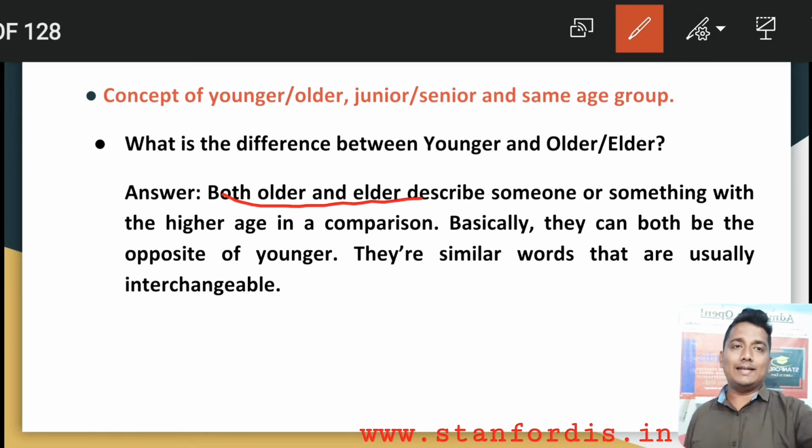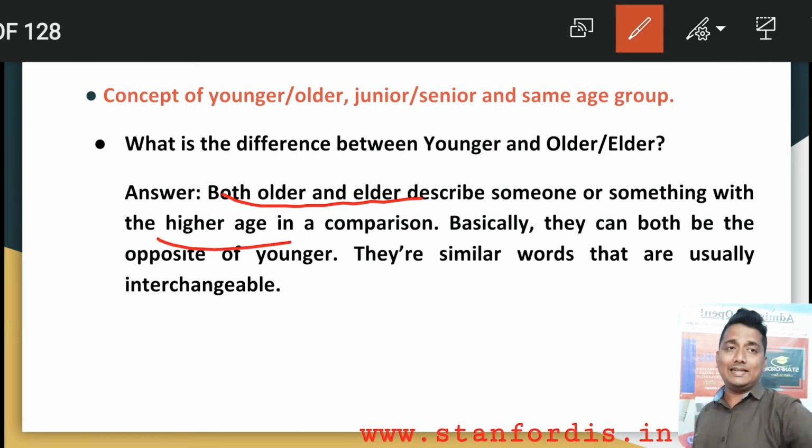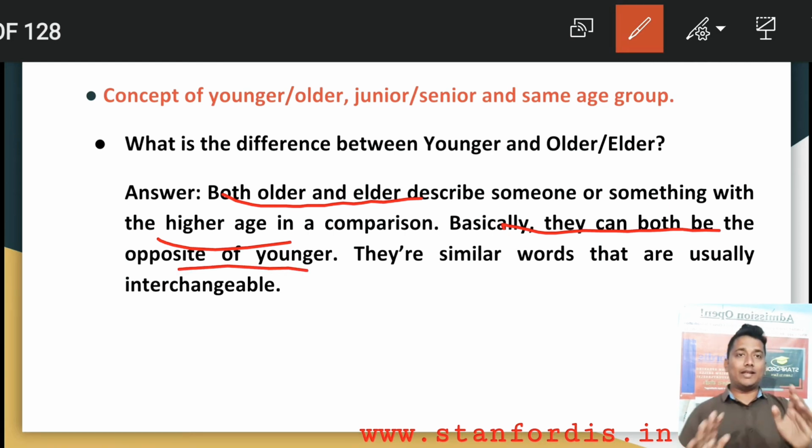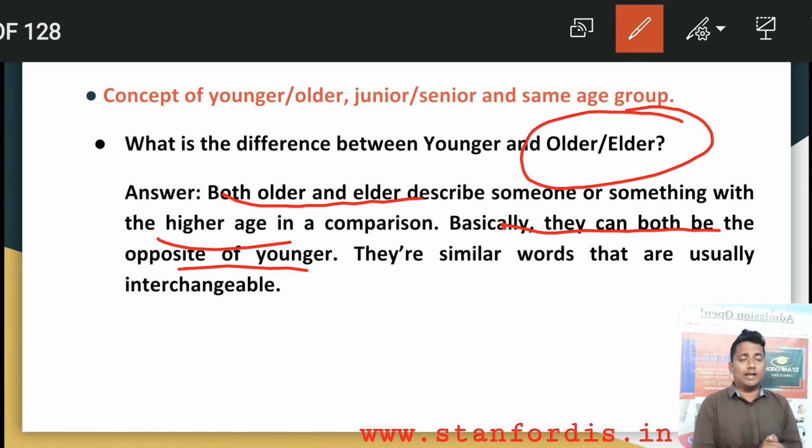Both older and elder describe someone or something with a higher age in comparison. Basically they can both be the opposite of younger. So your older or elder, they are something like synonyms. You can use them in the same place.